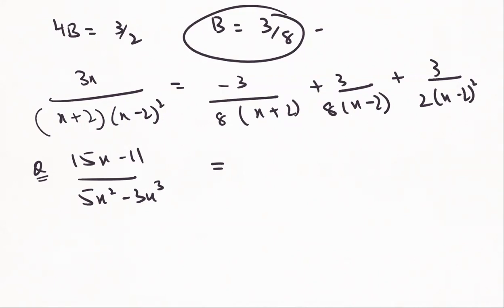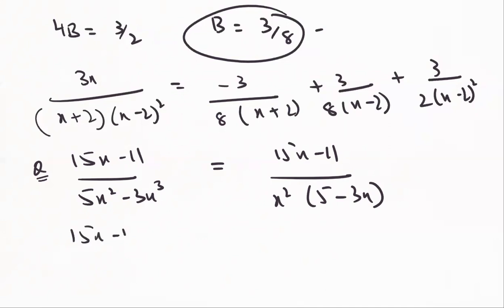It can be written as 15x minus 11 and I can take x square as common, so it becomes 5 minus 3x, right? And then this expression x square 5 minus 3x. Now this expression can be written as how?